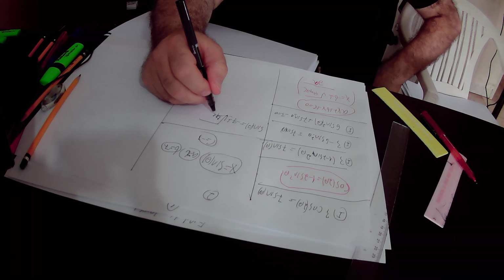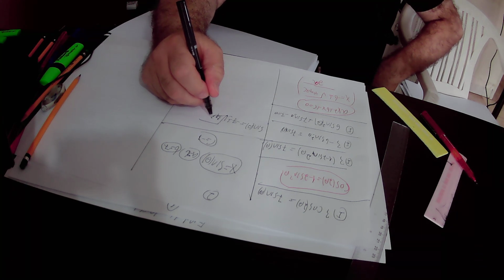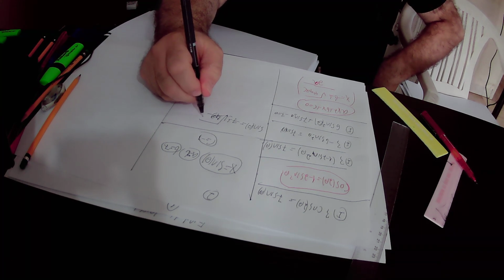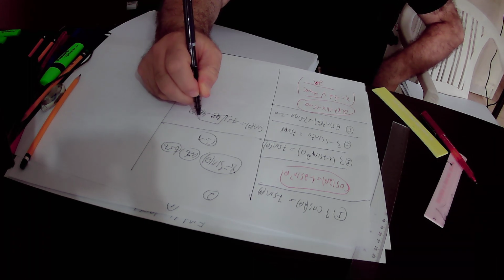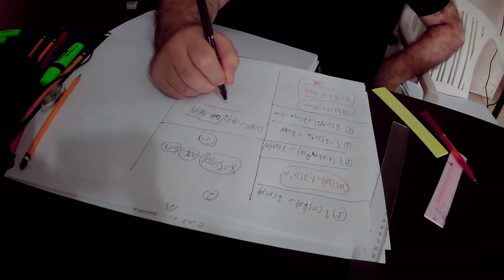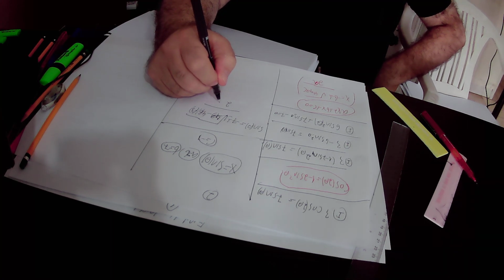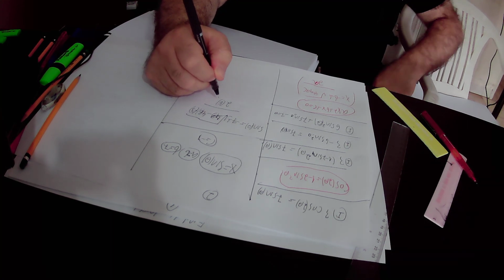Okay, so b squared is 7 squared, that is 49, minus 4 times a is 6, and c is minus 3, over 2a.